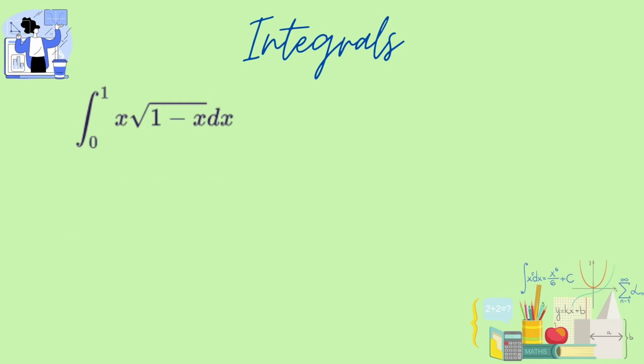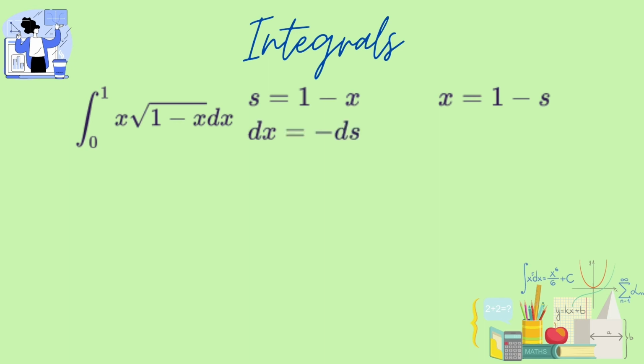In our last example, we first find the antiderivative of x times the square root of the quantity 1 minus x. We recognize that this will require substitution. Let s be equal to 1 minus x, thus replacing the radicand. To replace the remaining variable x, we express x as 1 minus s.